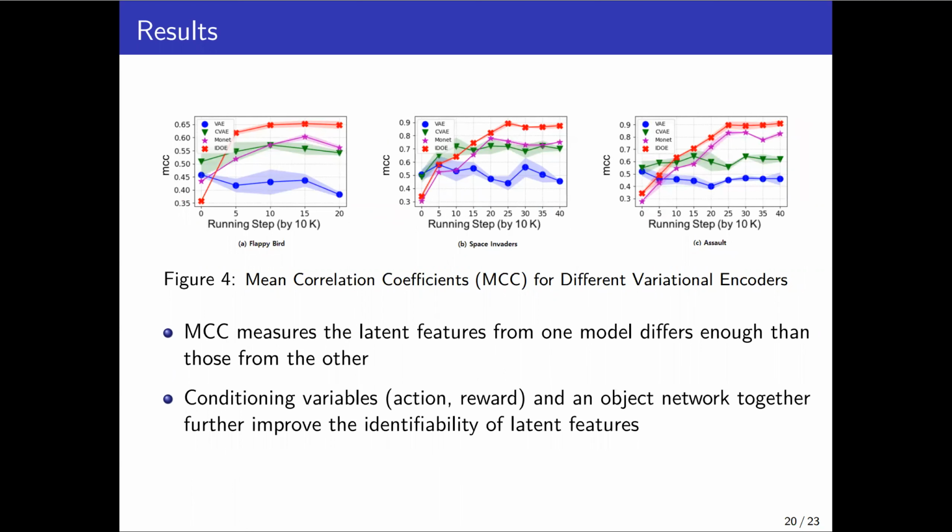And as for the identifiability, we have the mean correlation coefficients, MCC, for the vanilla variational autoencoders and its extensions, including IMONets.